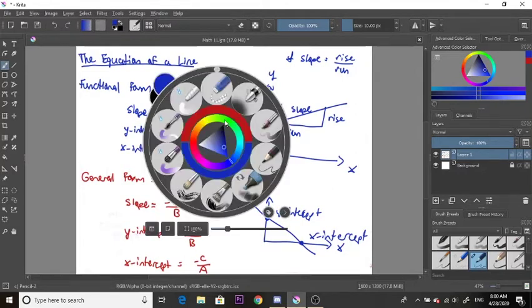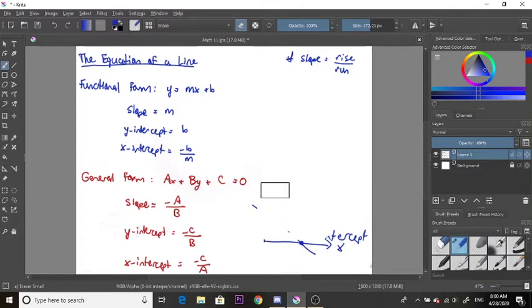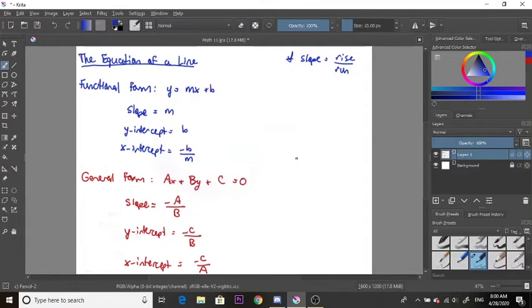So let's do a couple of examples. Let's do an example with functional form first. So let's say we have y is equal to negative 2x plus 1.